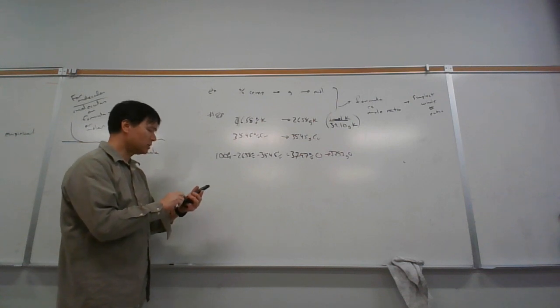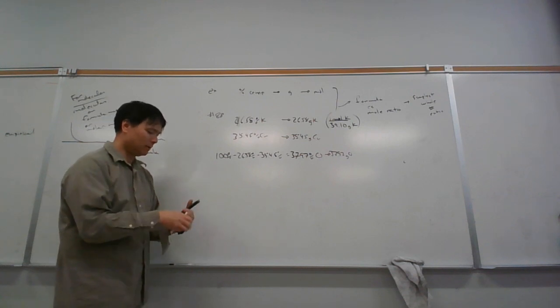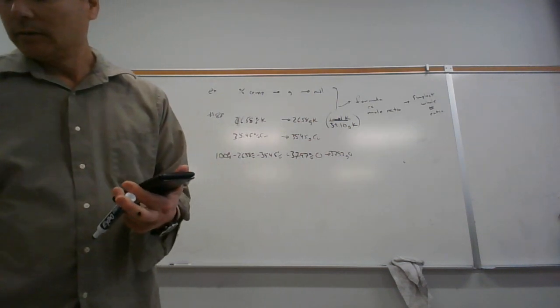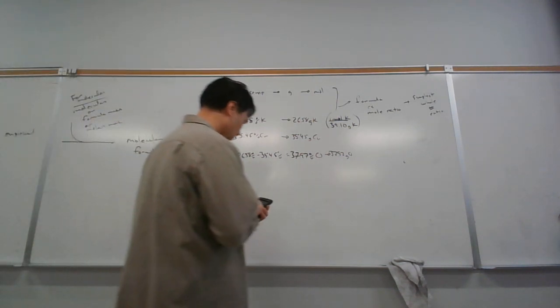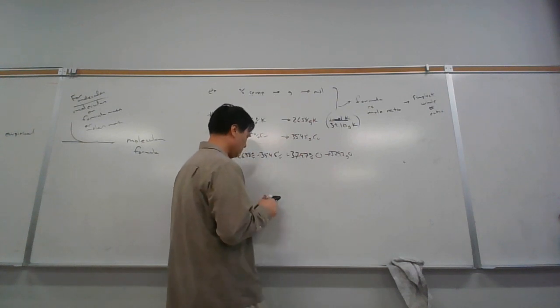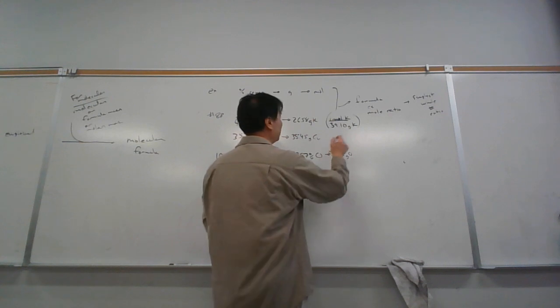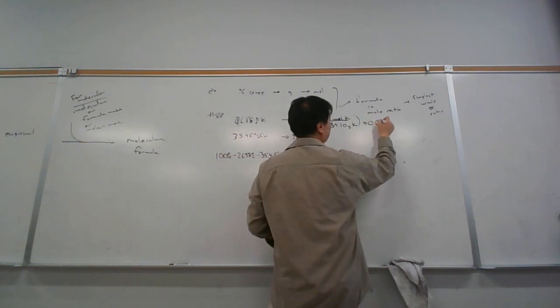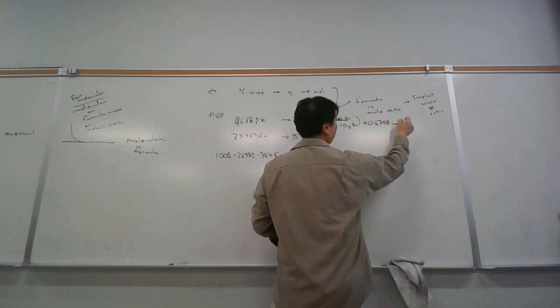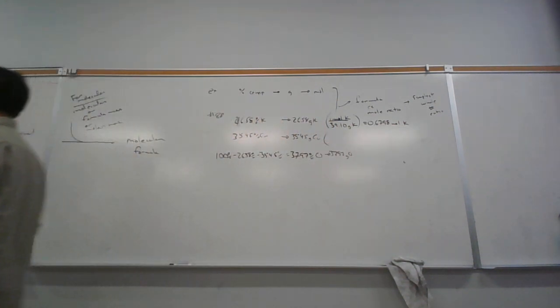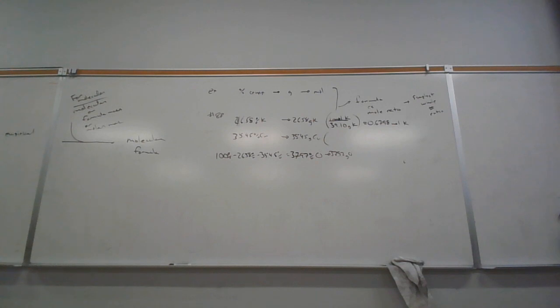So I'll get 26.58 divided by 39.1, which is 0.6798 moles of potassium. And then chromium's molar mass is 52.00.